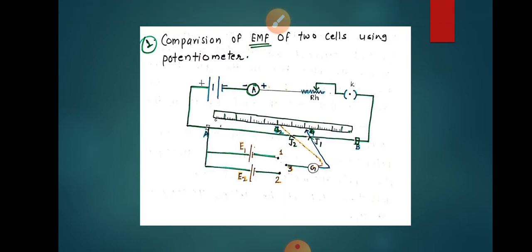Now we will use the potentiometer to compare the EMF of two cells. The circuit diagram is here. Close the key and allow a suitable constant current with the help of the rheostat. Insert the plug key in the gap between terminals 1 and 3 of the two-way key so that the cell of EMF E1 is in the circuit.